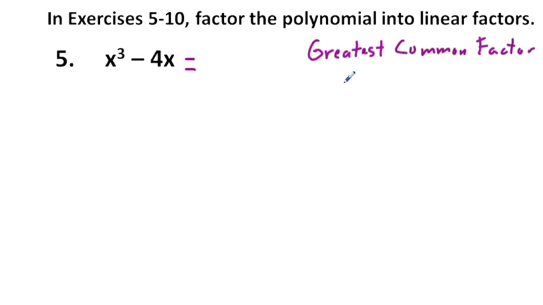So our greatest common factor, I'm going to write this to the left here, x cubed minus 4x. Well, x is the common factor for both of those. And what's left? What times x equals x cubed? Well, that's going to be x squared. What times x is going to be negative 4x? So that's going to be minus 4.